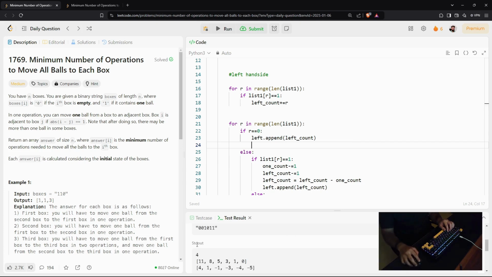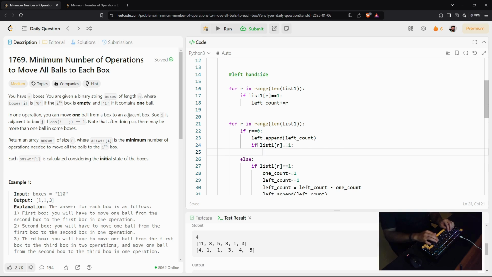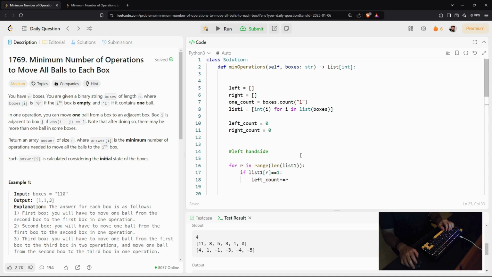It didn't happen on this side because there wasn't any, but on the right side we'll face it. So to quickly do that, if list 1 r, which is 0 in this case, is equal to a 1, we'll have to reduce the 1 count by 1. Same thing will happen here as well, the right hand side.